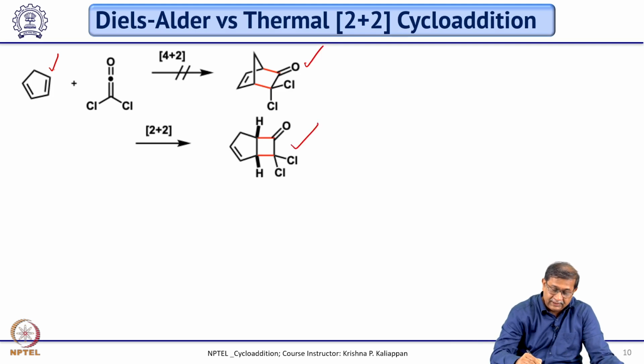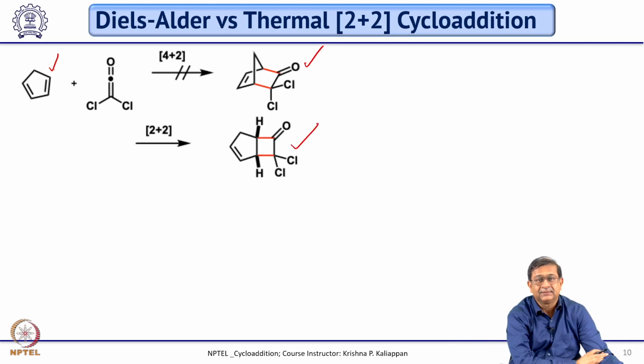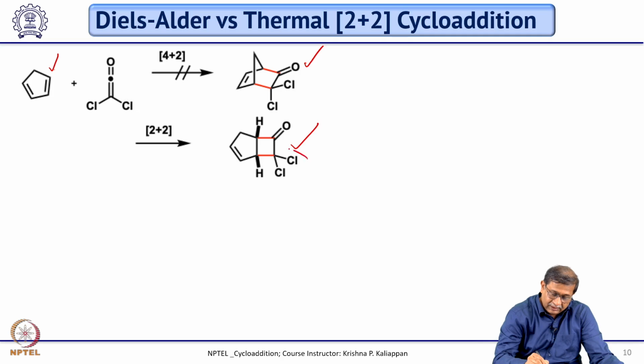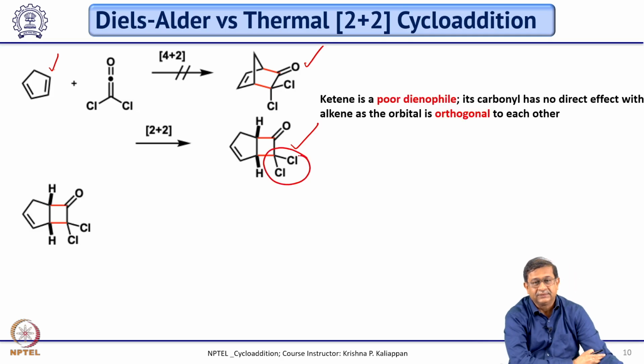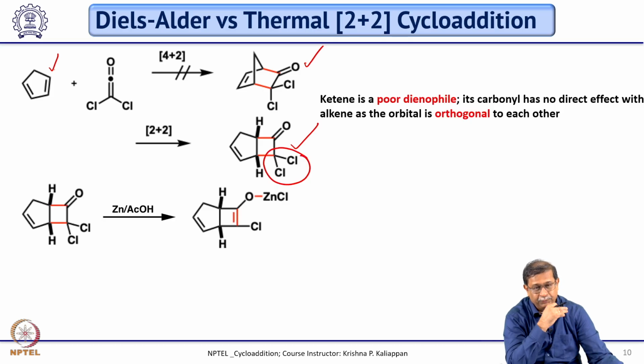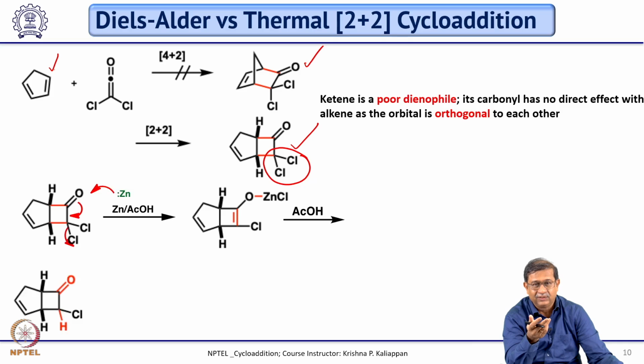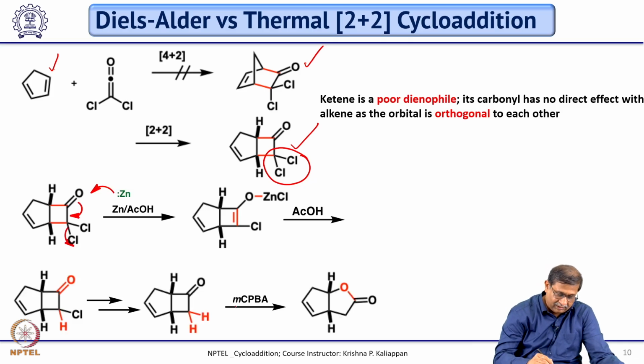So, what you get is only this. Now, these two chlorines can be easily removed by treatment with zinc and acetic acid. Now, if you treat with excess zinc and acetic acid, what you get is this compound.